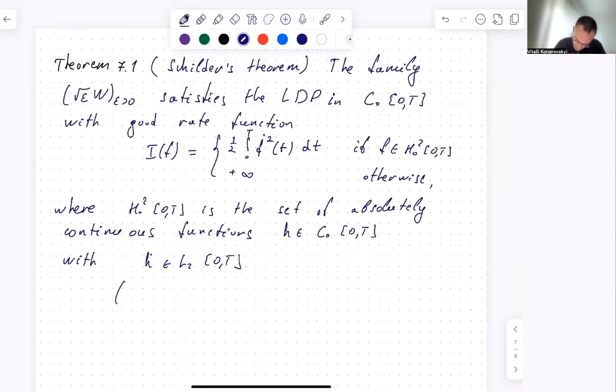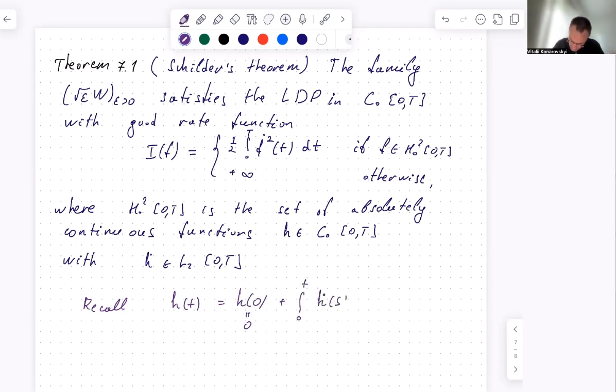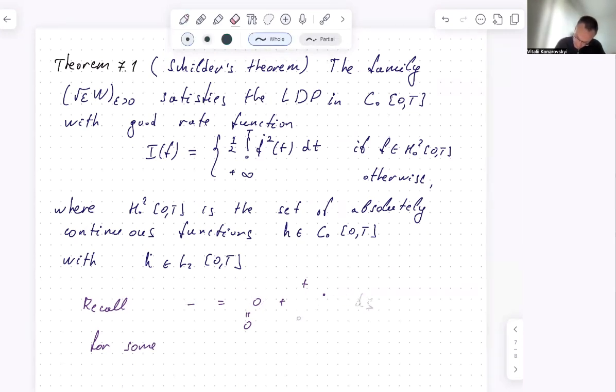Recall that every function... what it means is that the function is absolutely continuous. Now the function starts from 0, so therefore it means that you have h of 0, that in our case is 0, plus integral from 0 to t of h dot of s ds for some... let me write that better, more carefully.